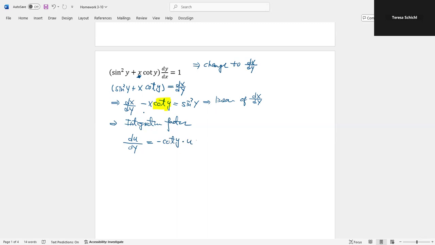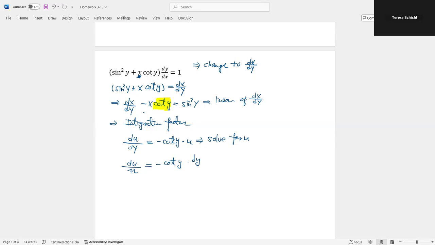Just like we did with dy/dx, I need to solve for u. So I can move the du over here, and here is negative cotangent y dy.